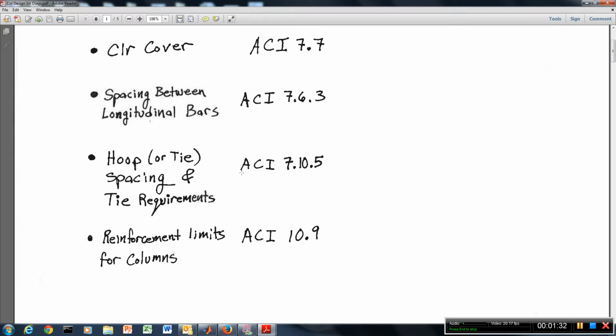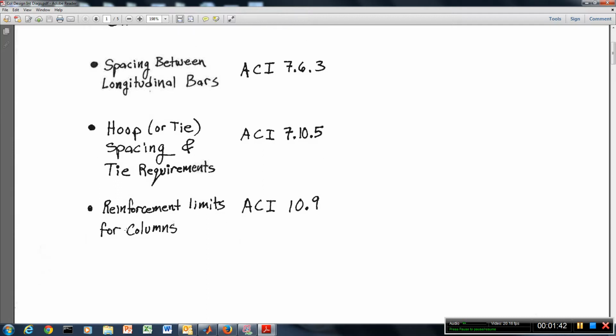You can look for that information in ACI 7.10.5.